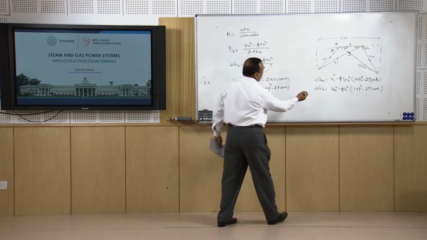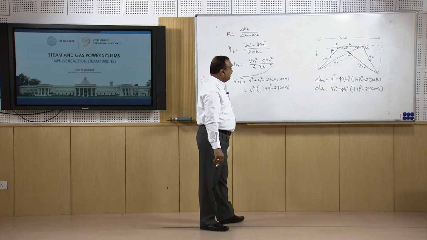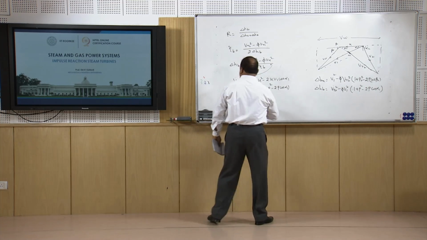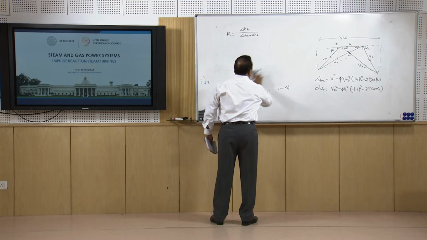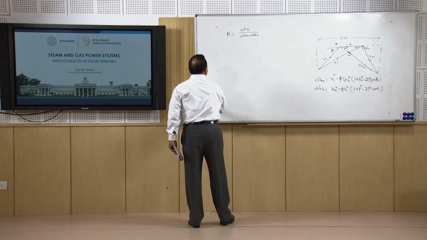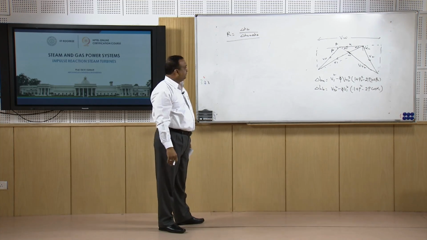Right. Now, we have the enthalpy drop across the nozzles and across the blades, and by putting these together, we can find the degree of reaction of an impulse reaction turbine.